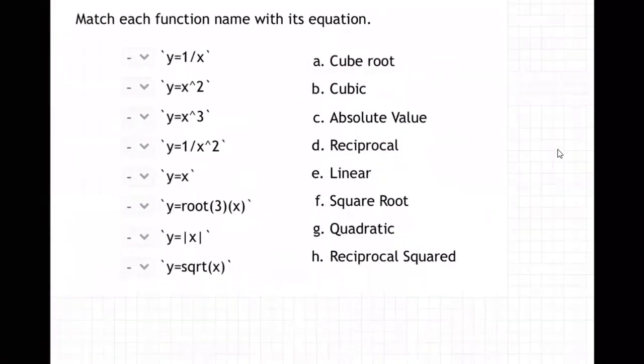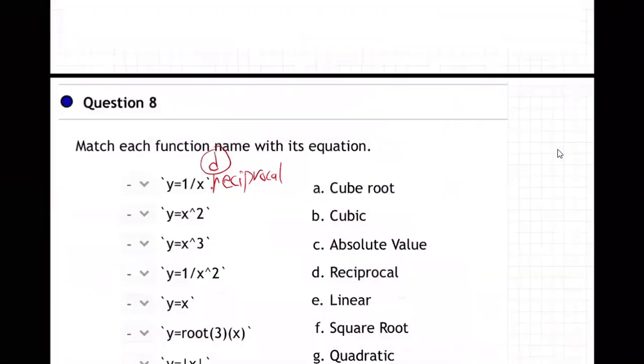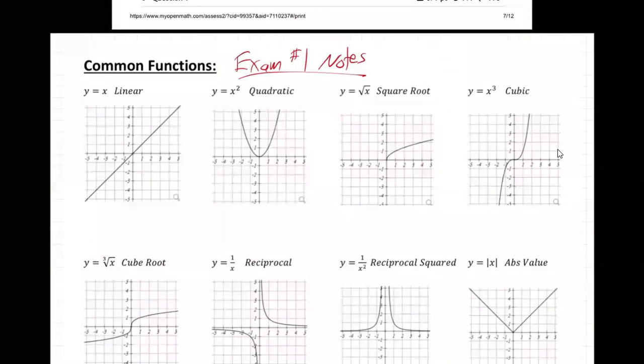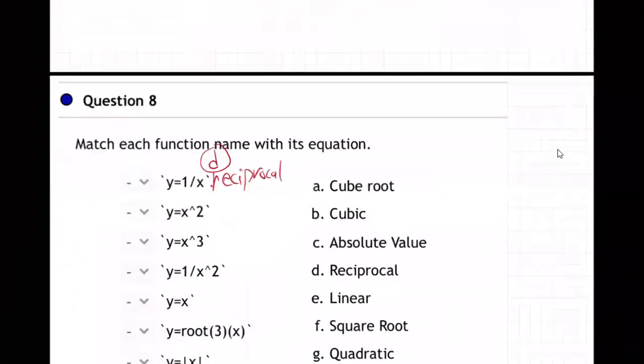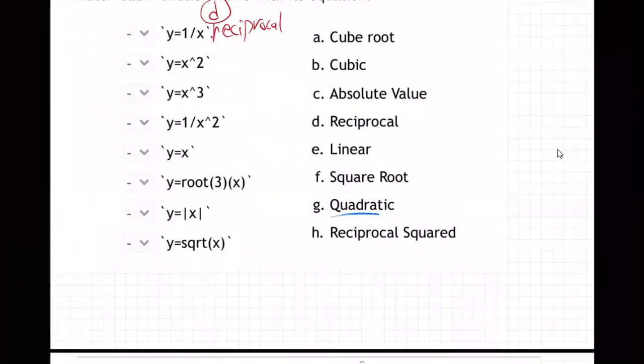So 1 over x, that's the reciprocal. Let's put it here. Reciprocal, d. And the next one, y equals x squared, that's quadratic, it's called. So that's right here, g.